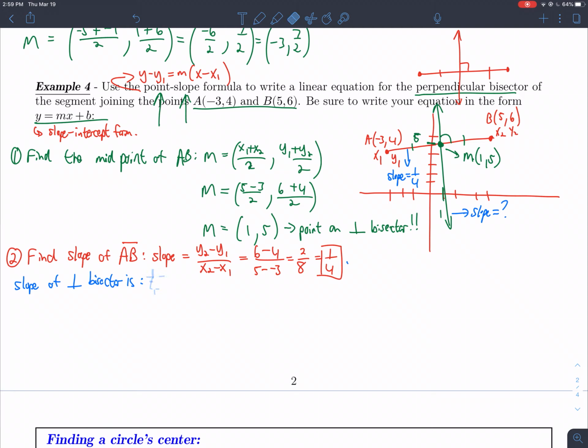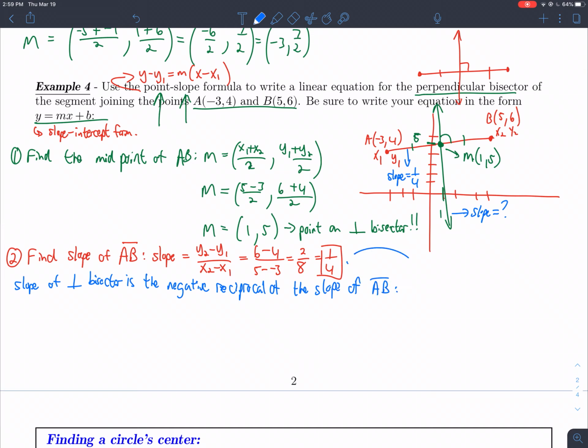Let me erase that. It's 1/4 times a negative and make it the reciprocal. That's hard to write. Let me write it in words. It's the negative reciprocal of the slope of AB.